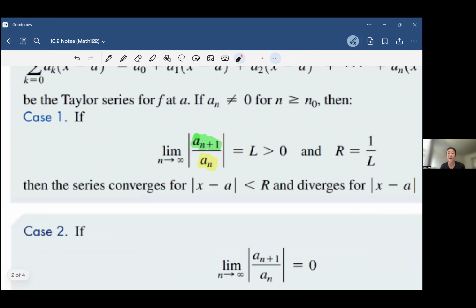We were practicing how to find that comparison between an n plus 1 and an n coefficient. Now, it turns out if we end up with a number, we're going to call that number L because it doesn't really matter what the number is. It matters that it's a number and that L is not equal to 0, okay? If we get a number, it means that our radius of convergence is going to be 1 over L.